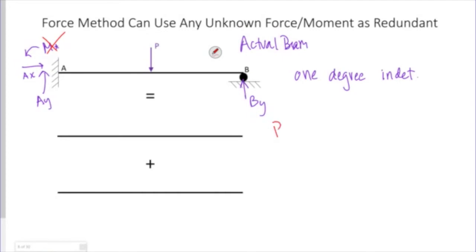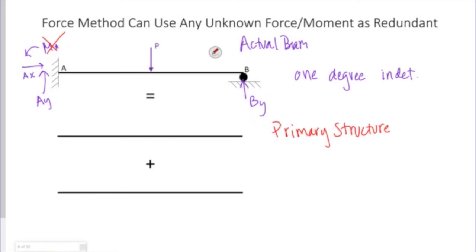So now if I draw my primary structure, what happens if I take away a moment from a fixed end? Right, it becomes a pin because it can't hold moment.